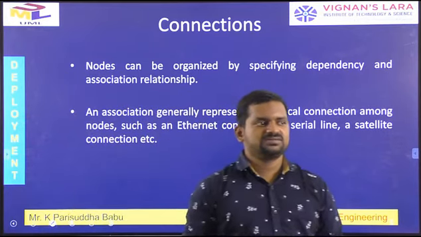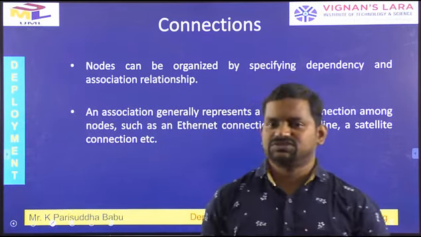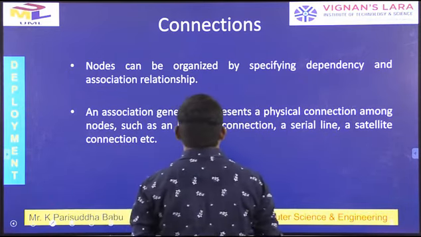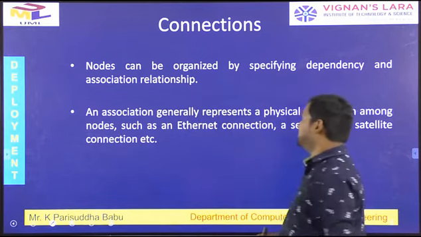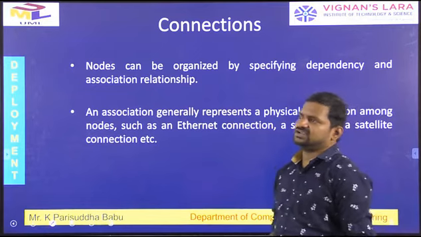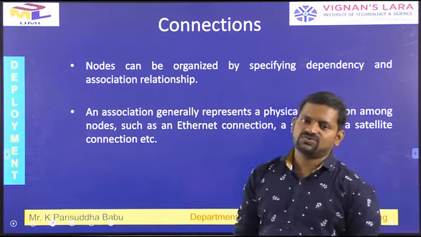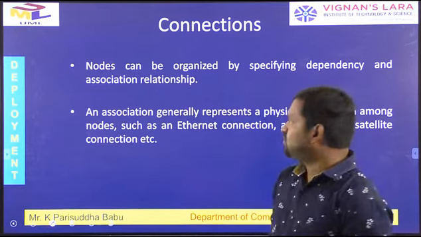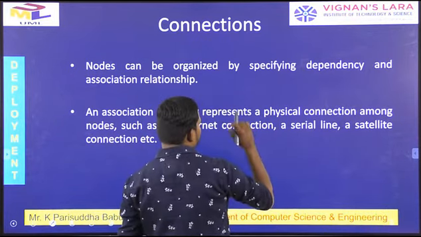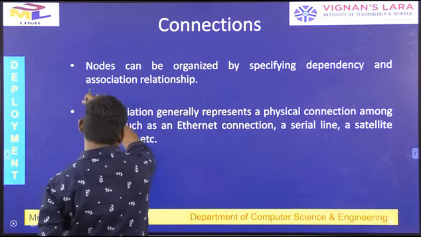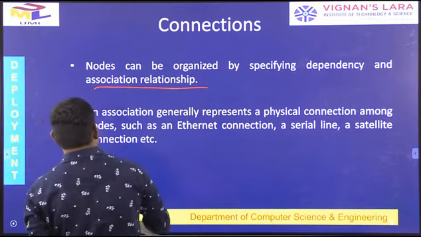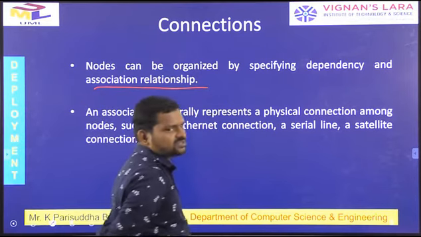Connections are simple relationships. Connections are the relationships. Nodes can be organized by specifying dependency and association relationships. How do we use nodes? Nodes can be organized by specifying dependency relationships.